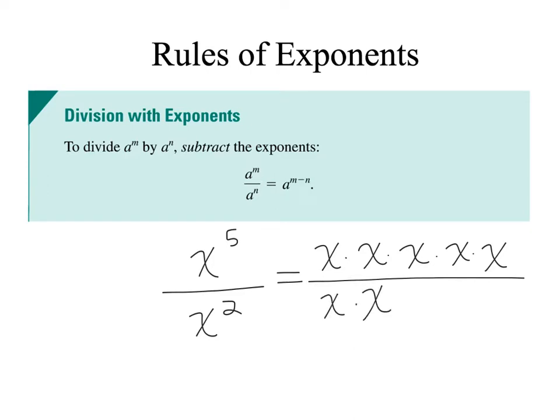And if you recall, anytime there's the same thing in the numerator that's also in the denominator, that simplifies to the number 1. So we've got a 1 sitting here and a 1 sitting here. So all we have left sitting in the numerator is 3 x's, or x to the 3rd. And so that's why we're allowed to use subtraction.